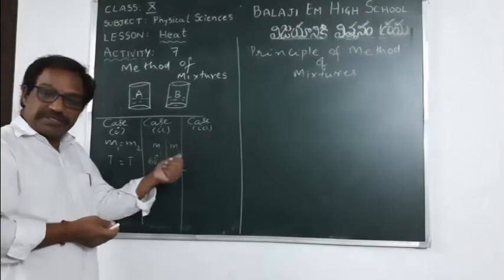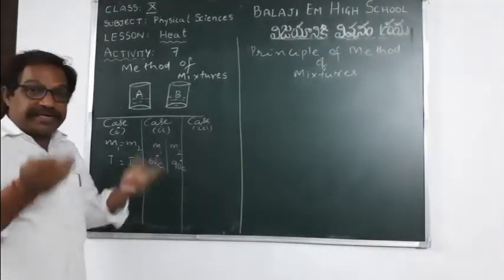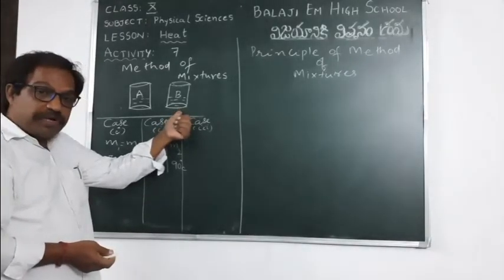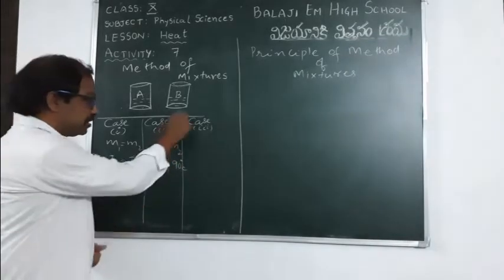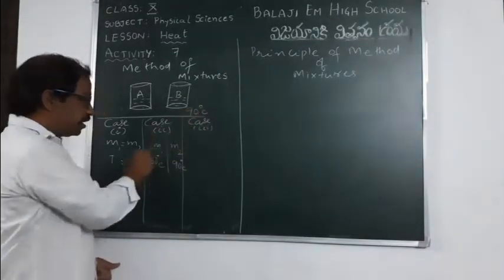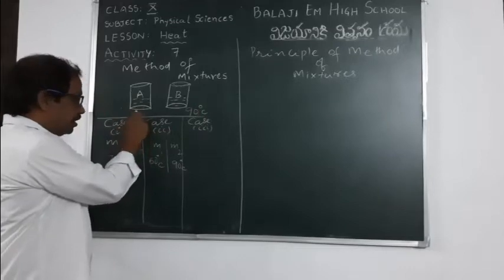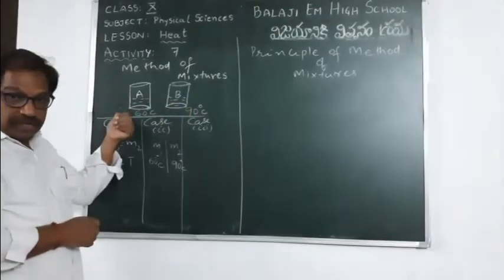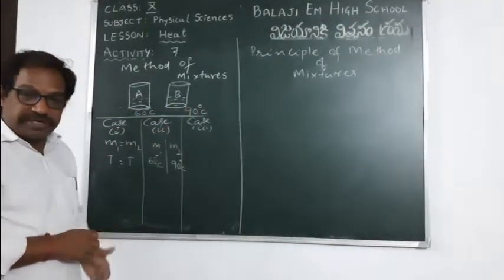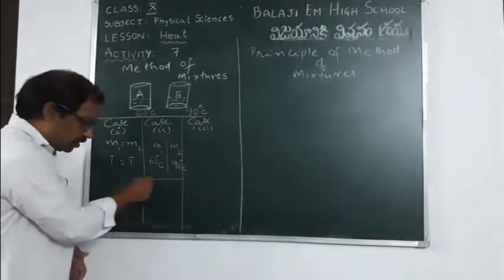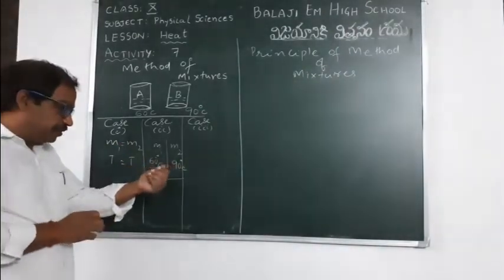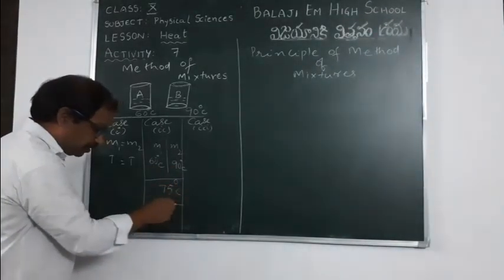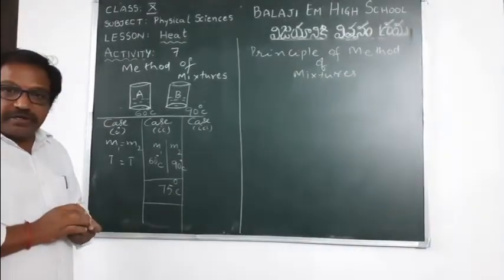Normally when the masses are the same and you combine them, they attain equilibrium, isn't it? The heat energy will transfer from the body at a higher temperature. Which is having the higher temperature? B is having 90 degrees and A is having 60 degrees. So automatically heat will flow from B to A. Here you can easily understand there is an average. When you take 90 plus 60 by 2, the resultant temperature will be 75 degrees centigrade.